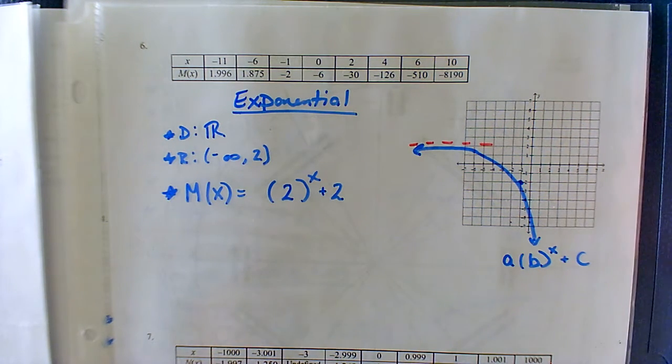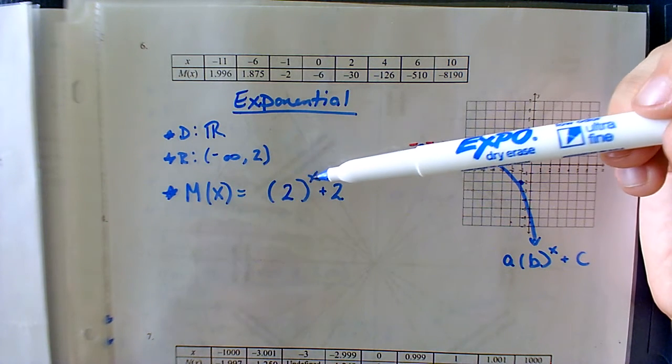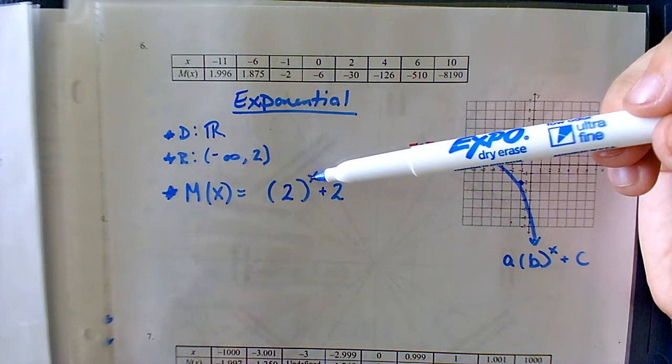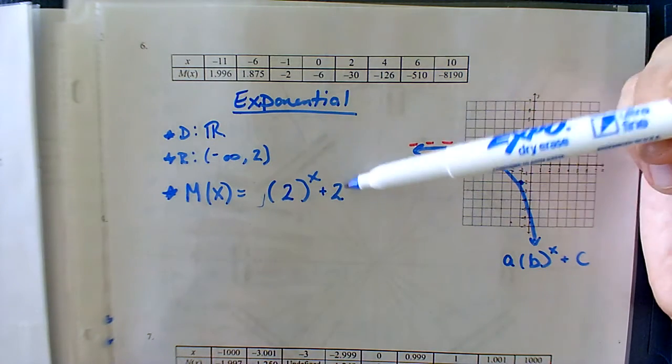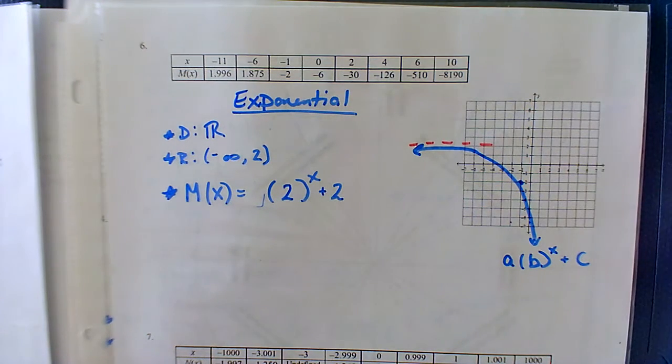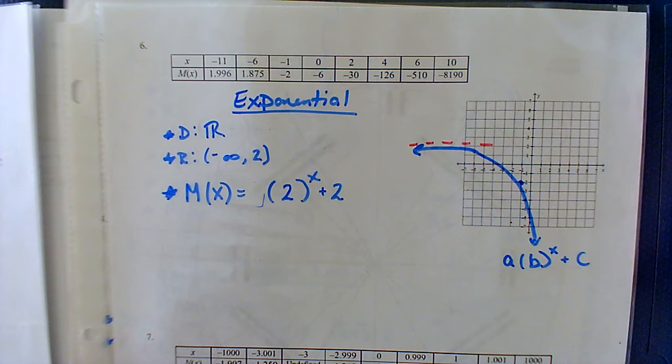But let's maybe see what would happen here. If 2 to the 0 is 1, what could we multiply 1 by and then add 2 to it to get negative 6? Can we think about that? 1 times what plus 2 would give us negative 6?